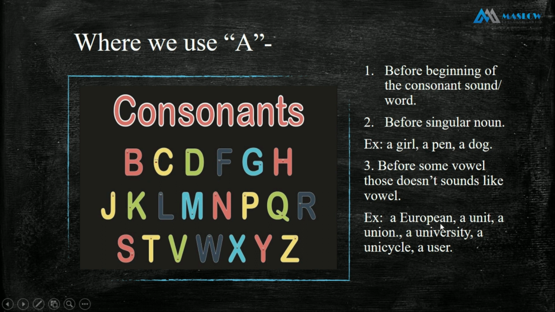For example, European, unit, union, university, unicycle, user. These are the words that start with EU or U but are pronounced as Y. That's why we use a European, a unit, a union, a university, a unicycle, a user.